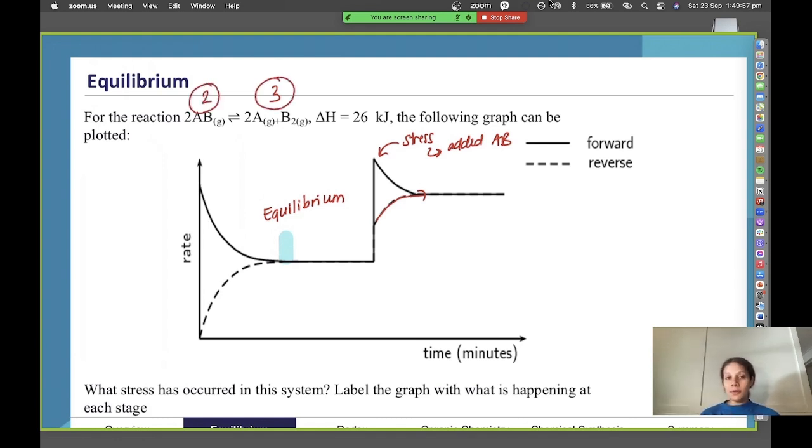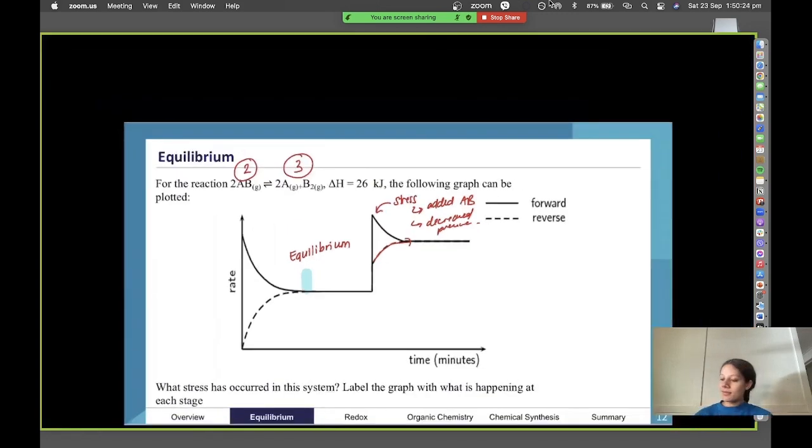So to favor the forward reaction, we'd have to favor the side that's producing more moles. So we've decreased the pressure, and the system's going to try and increase pressure by making more moles, just making the right-hand side. So that means we have decreased pressure. That could also cause an increase in the forward rate of reaction, and then reverse will just increase to match it.